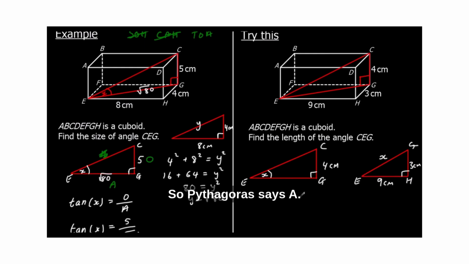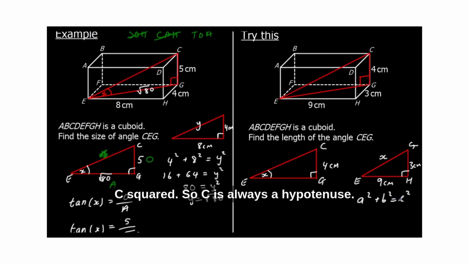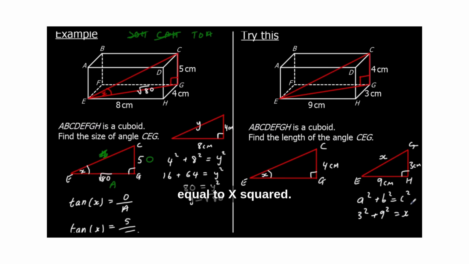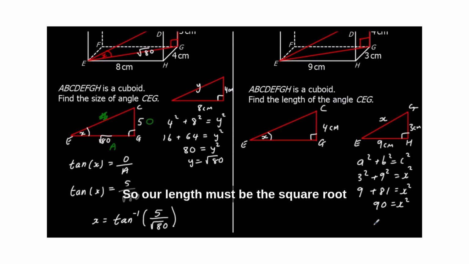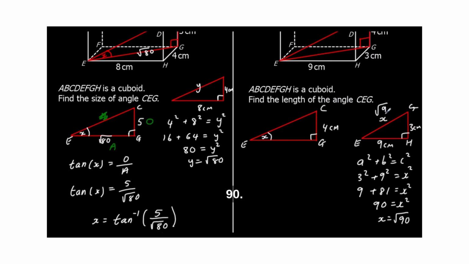So Pythagoras says a squared plus b squared equals c squared. So c is always the hypotenuse. 3 squared plus 9 squared is equal to x squared. 3 squared is 9. 9 squared is 81. So 9 and 81 make 90. So our length must be the square root of 90. So E to G is root 90.